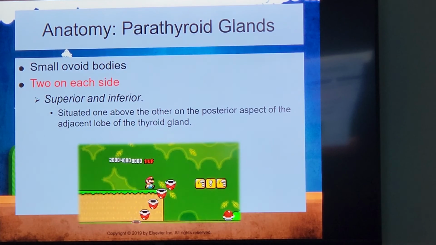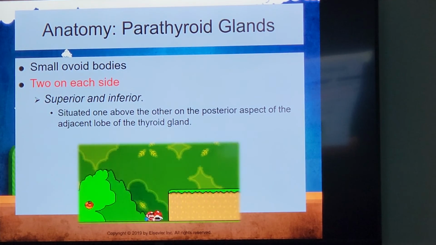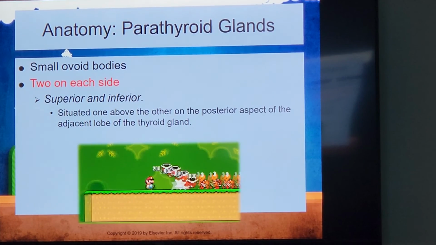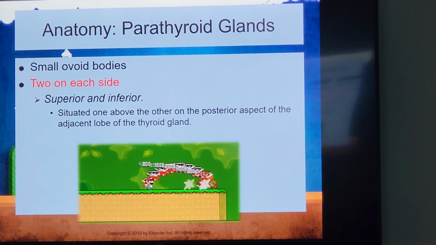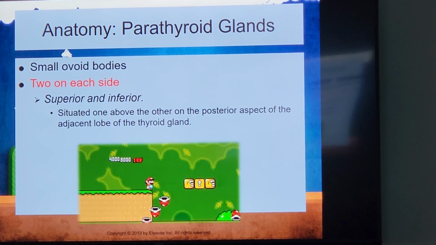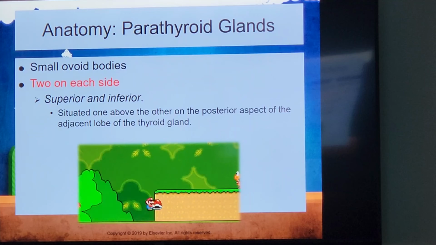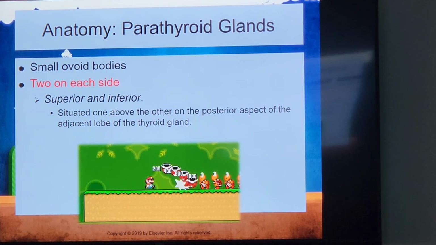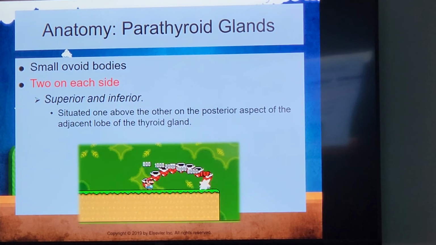Wow, that's a lot of words. Basically that just means the thyroid gland is separated on both sides by the isthmus, correct? And on each side of the thyroid gland we have the parathyroid glands, one right on top and one on the bottom. I hope that makes sense.